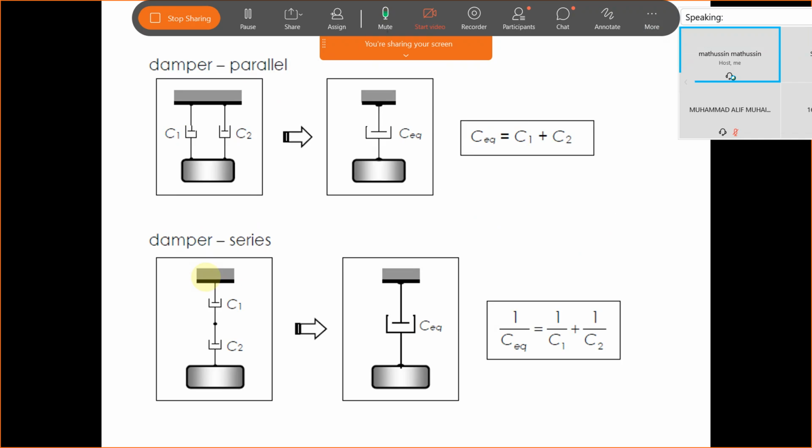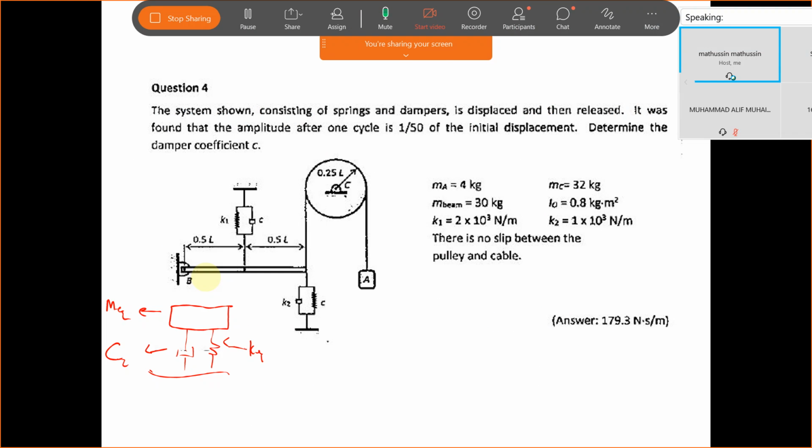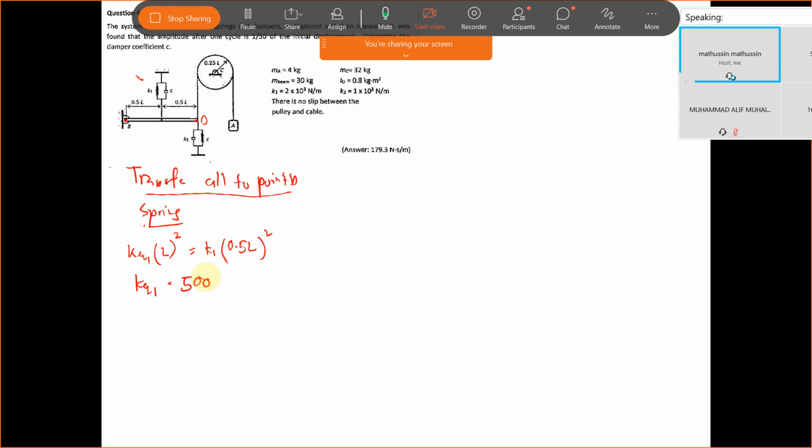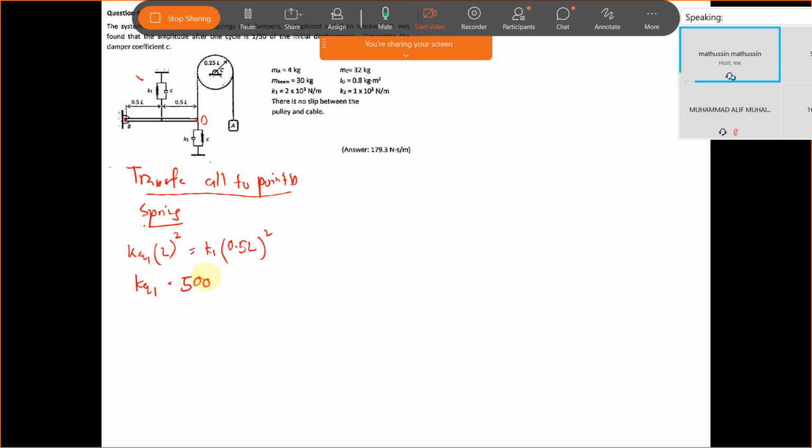So A kita adalah, saya tersilap lah pula, ambil yang second page, tak apalah. Okay, A kita adalah 0.1 square. And then B adalah 0.5, so betul lah. And then K equivalent 2.